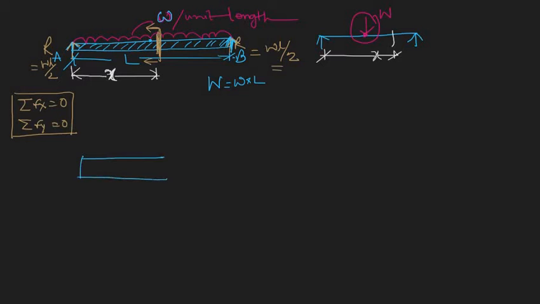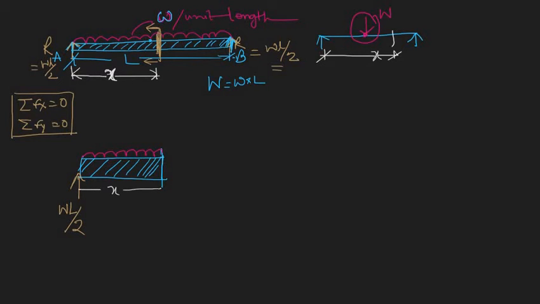This is the beam we have taken out, this is the section, and here are the forces. The reaction force is acting like this, here this is wL by 2, and the part of the UDL is also acting like this, over a distance of x.